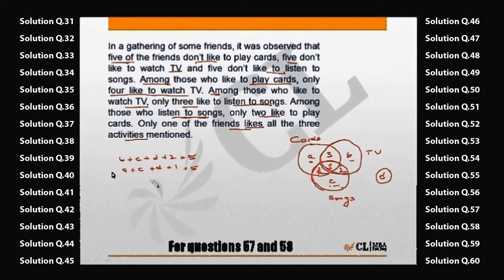So not listening to songs would be A plus 3 plus B plus D. So A plus B plus D plus 3 equal to 5. So these are the 3 equations we have got with 4 variables. Okay. So let's see if we can get the answer out of it.